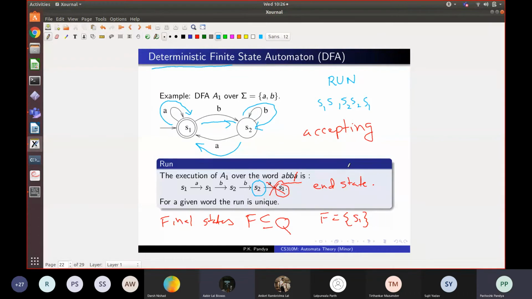Right, that's a good question. But the standard model is that you check for the end state. And if you wanted to check some property of some in-between state during the execution, it turns out that you can encode it somehow into a different automaton, which once reaching that in-between state will stay in that till the end.